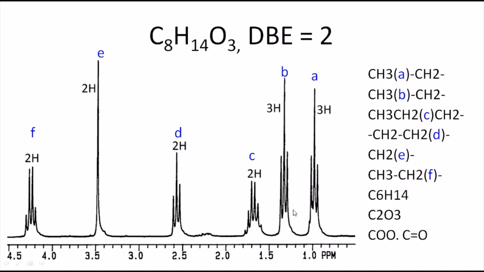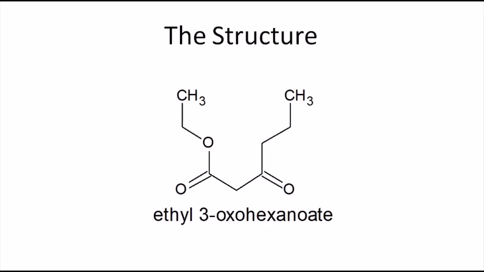Now combining all this data, we can get this structure that we can see here: a CH3, CH2, CH2 fragment, another CH3, CH2 fragment, and one more CH2 fragment. We identified all these three fragments. The CH2 of the CH2 CH3 fragment that is denoted as F has a higher chemical shift value because it is connected to oxygen directly.